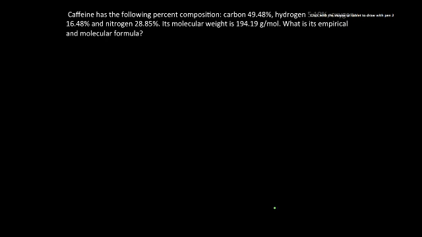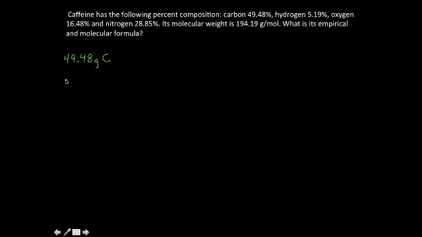I can look at this and say, okay, I need to turn my carbon, my hydrogen, my oxygen, and my nitrogen into gram values. So right here it tells me I've got 49.48%. I'm going to assume that I have 100 grams of caffeine. Therefore, my 49.48% of carbon can turn into 49.48 grams of carbon.